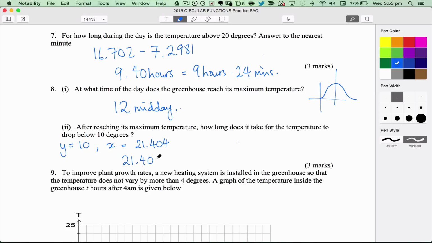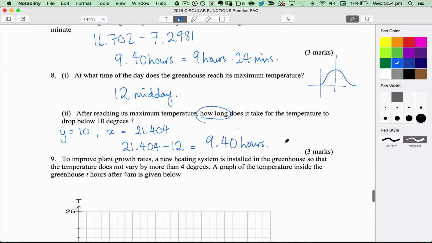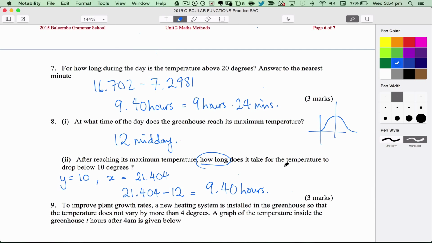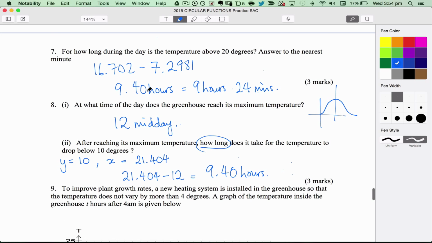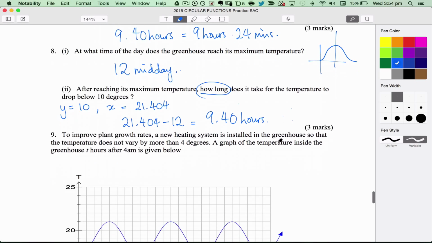So 21.404, take away the 12 hours when it reaches its maximum, is equal to 9.40 hours. It just says how long, so you don't need to change it into minutes again. Although it is the same as this, so it's just 9 hours 24 minutes. You've already worked that one out.